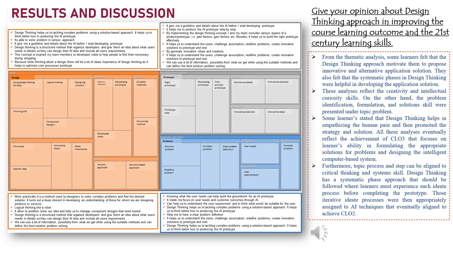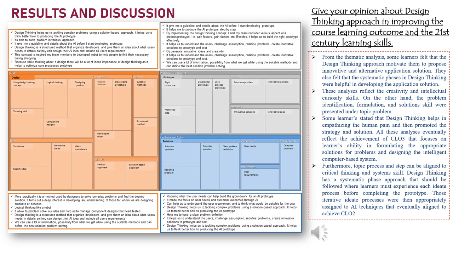On the other hand, the problem identification, formulation, and solution skills were presented under the topic problem. Some learners stated that design thinking helps in empathizing with human pain and then promotes the strategy and solution. All this analysis eventually reflects the achievement of course learning outcome 3, which focuses on learners' ability in formulating appropriate solutions for problems and designing the intelligent computer-based system.